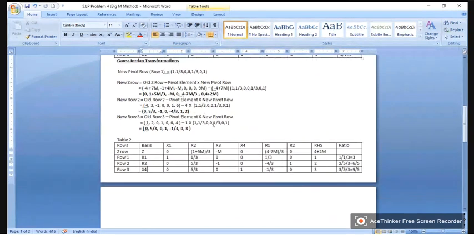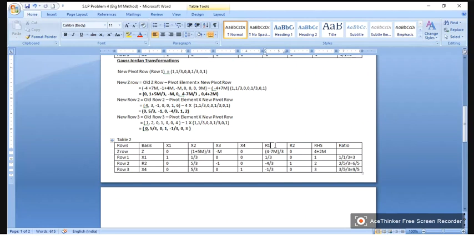The variables which are not present here are non-basic. Which are the non-basic? x2 is non-basic, x3 is non-basic, and R1 is also non-basic. Out of these variables, which can enter the basis?